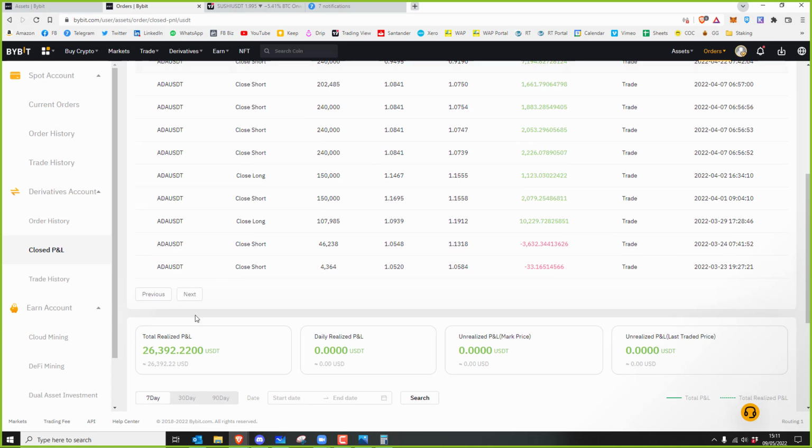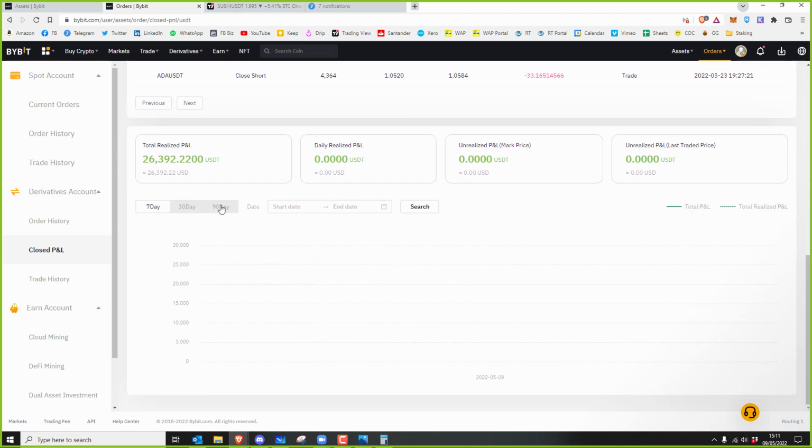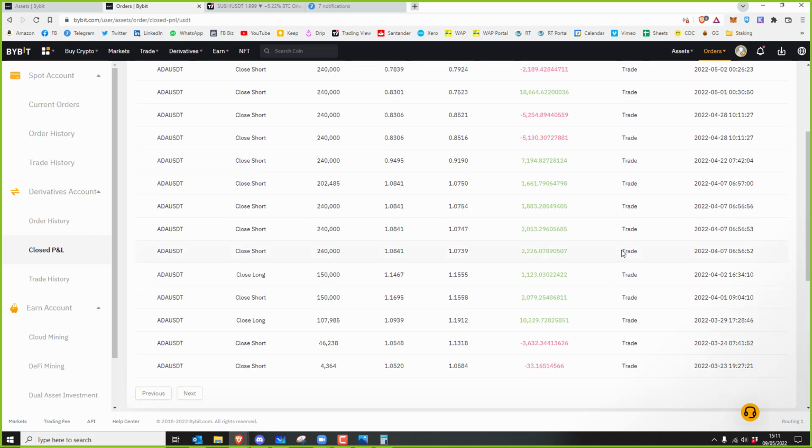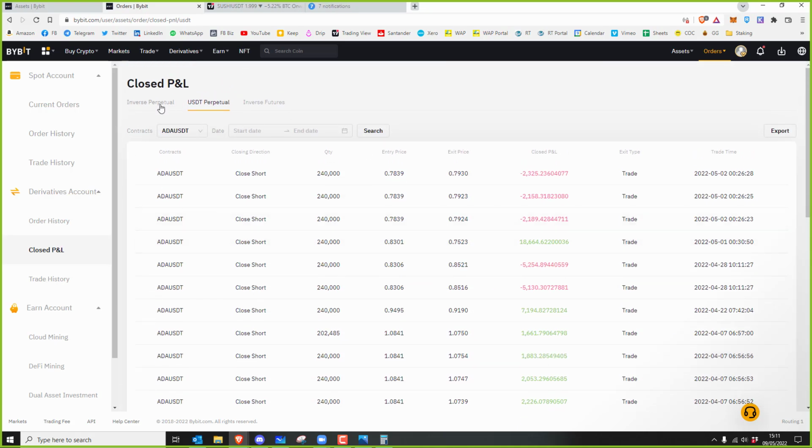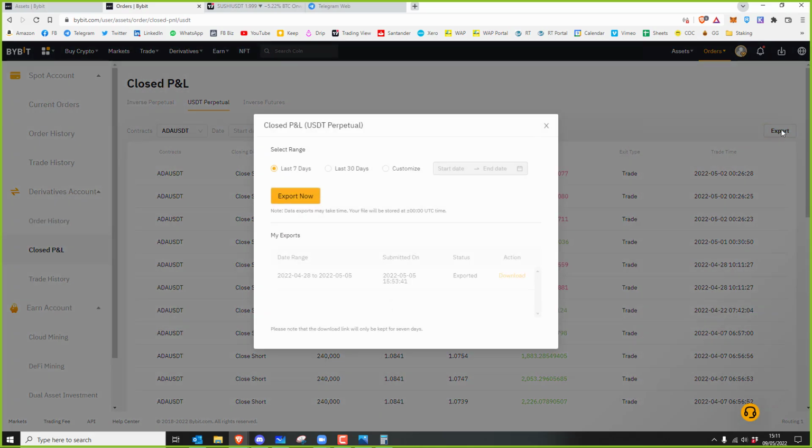ADA at the bottom is quite helpful because it shows you made 26 grand on ADA between whatever dates, but it's still really unhelpful at the same time. The only way to get a full overview is to export the last 7 days, or whatever search period, and it will download a whole CSV of all your trades. That's the only way you can do it.